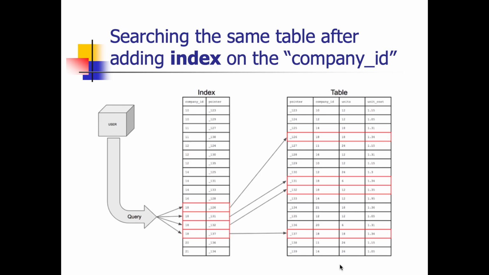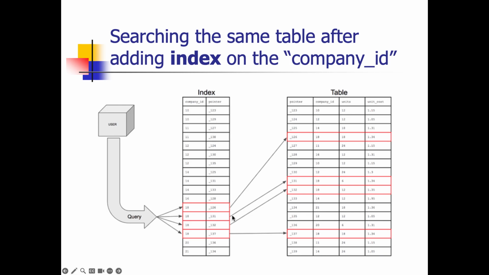Now, what is a pointer? A pointer is just the address on the memory disk for that row, with the rest of the information that you have. It's just to give access to that specific row. So here are, for example, your pointers. Here's the company data.